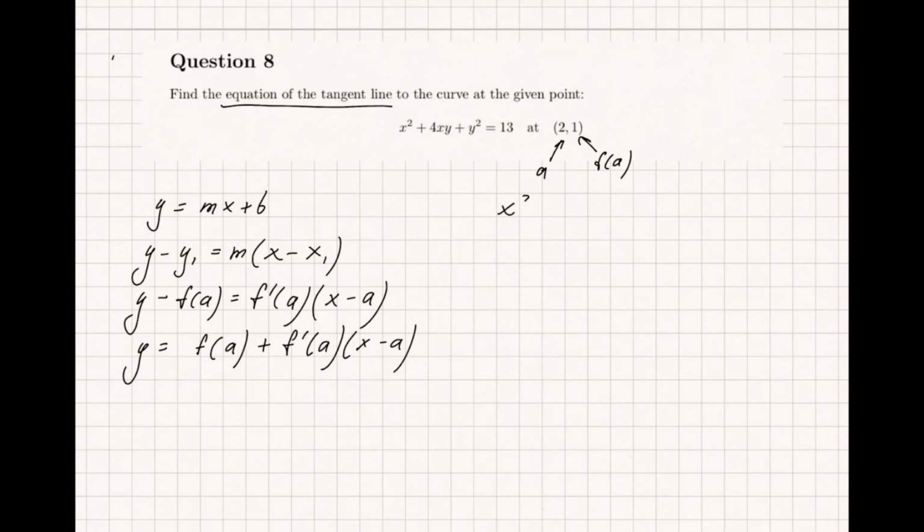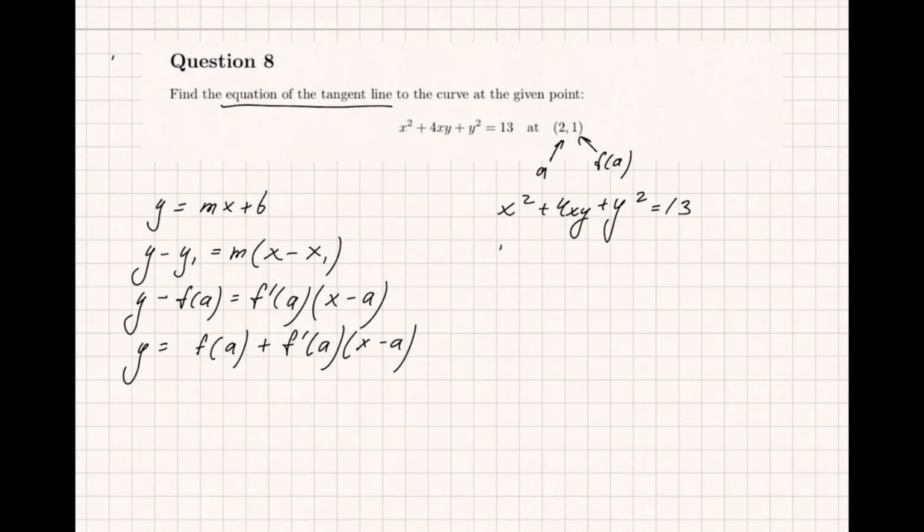So now we have x squared plus 4xy plus y squared equals 13. As you can see, we cannot do explicit differentiation, so we'll need to do implicit differentiation, and then we will evaluate at a equals 2, or x equals 2, sorry.